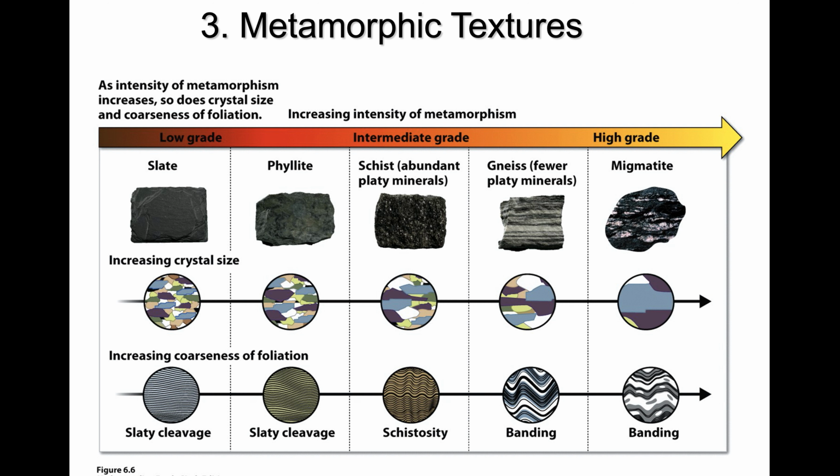Then again, while we increase the metamorphic conditions, we make the gneiss from our schist. There we have fewer platy minerals inside. And finally, under high grade metamorphic conditions, this gneiss will start to melt and we form a migmatite.